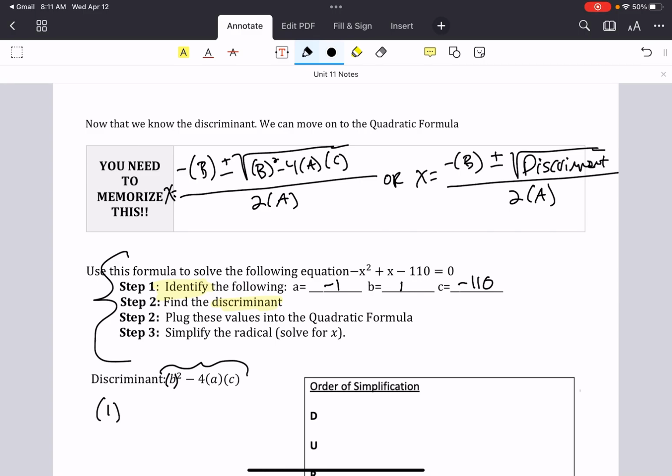So b squared minus 4 times A times C. This step 2 here should say find the discriminant and decide types of answers.